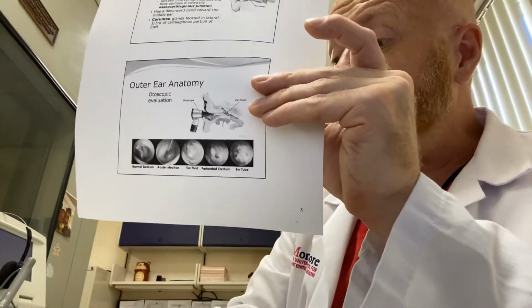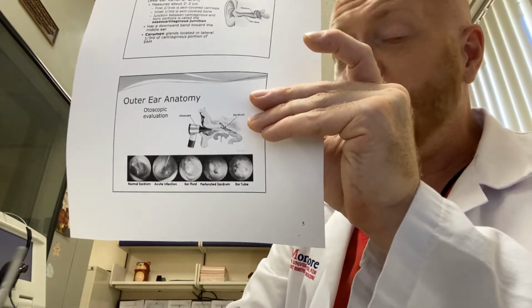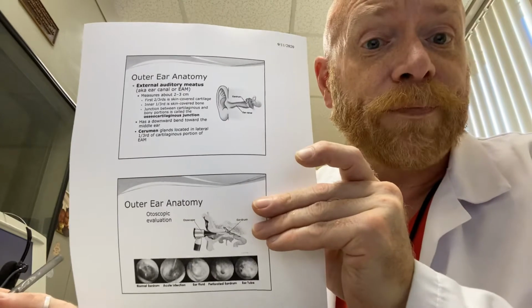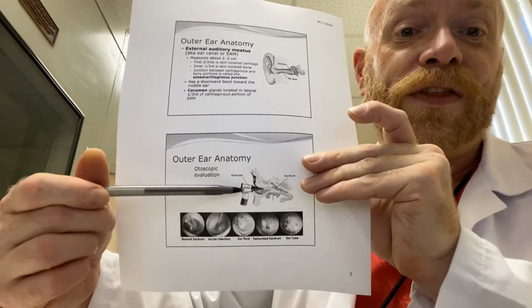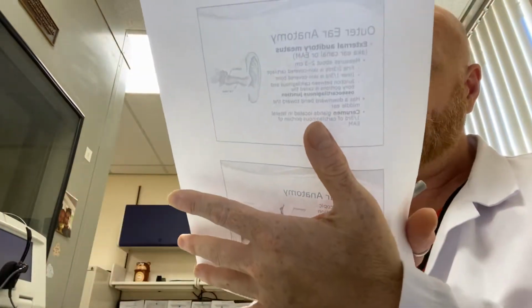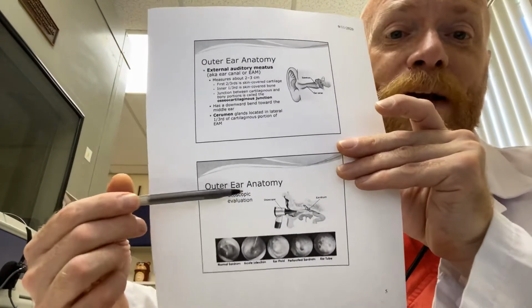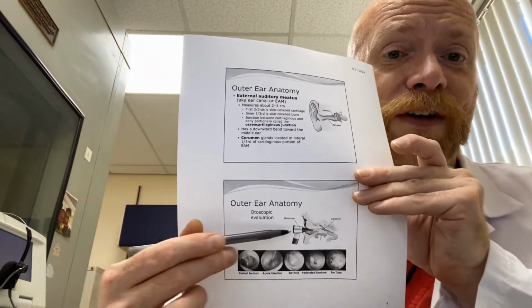So the outer ear is comprised of the pinna and the external auditory meatus, the ear canal. We visualize the external auditory meatus with the use of an otoscope, O-T-O-S-C-O-P-E. This picture says otoscopic evaluation, otoscopic being the adjective, but an otoscope is the noun for the device that you use to shine a light inside.